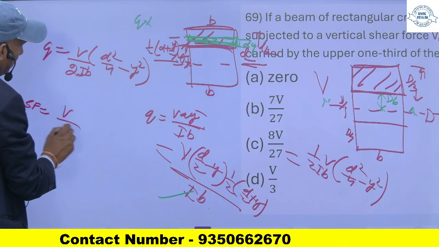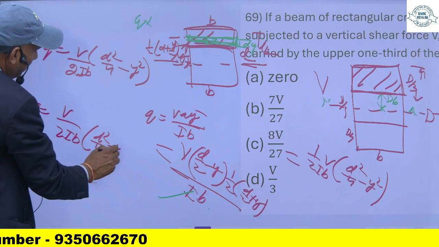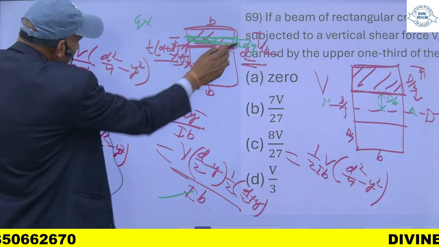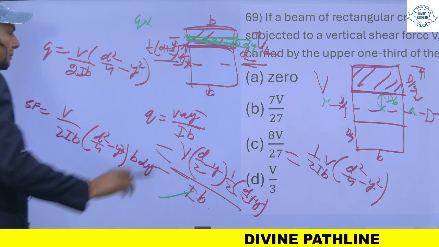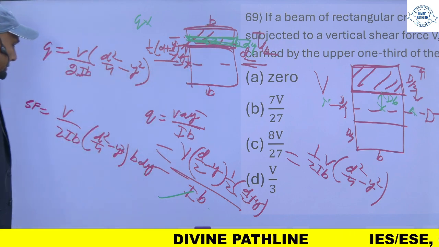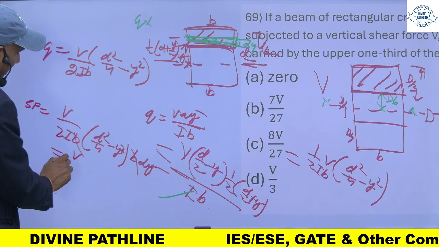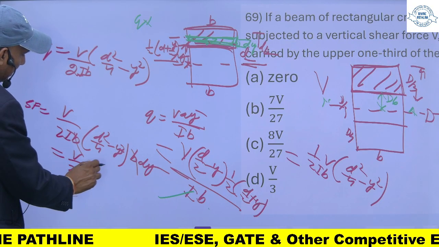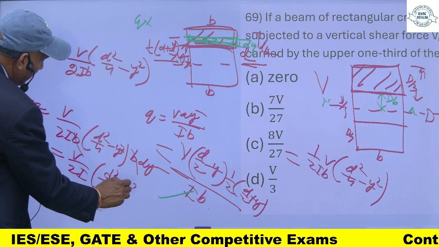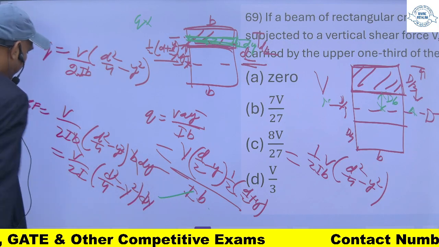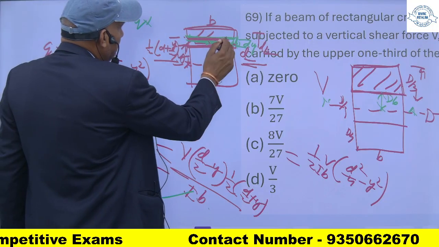This will be V upon 2 I b into D square by 4 minus y square into b into dy. So this b will cancel, and we get V upon 2I into D square by 4 minus y square into dy. This is the shear force carried by this small strip.